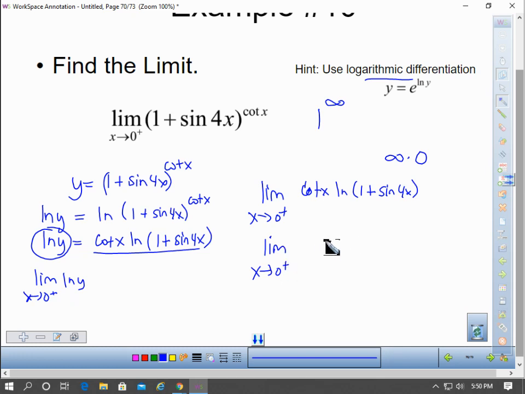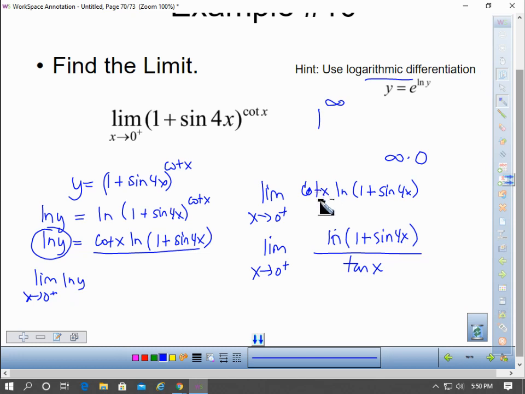This is just a multi-step problem. I'm going to rewrite the cotangent as 1 over tangent. Cotangent is the same as 1 over tangent. That's one of your reciprocal identities.